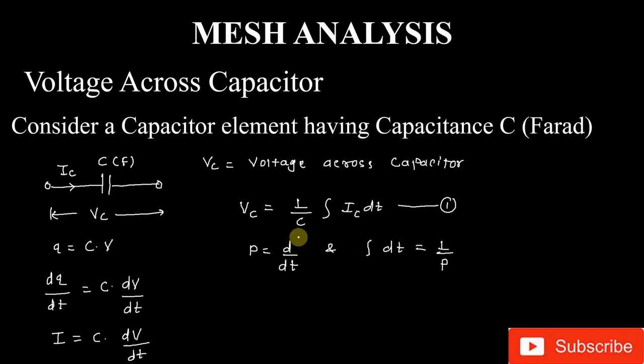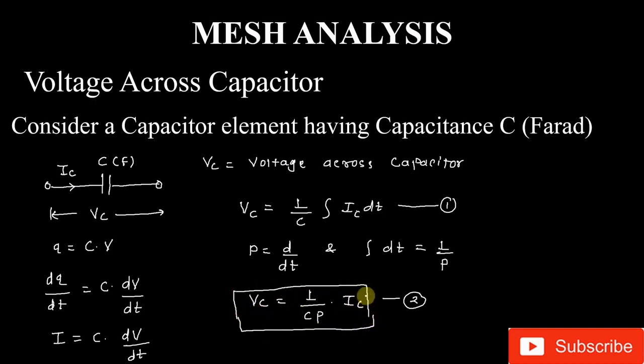Then VC comes out to be 1 upon Cp into IC. We have substituted integral dt as 1 upon P. This will be equation number 2, and this gives the value of the voltage across the capacitor: 1 upon Cp into IC.